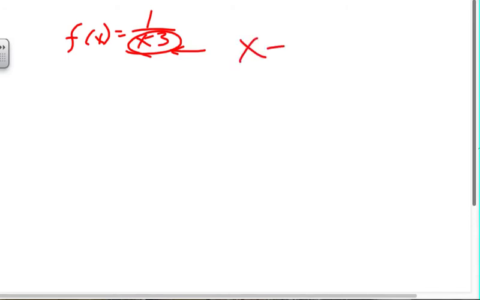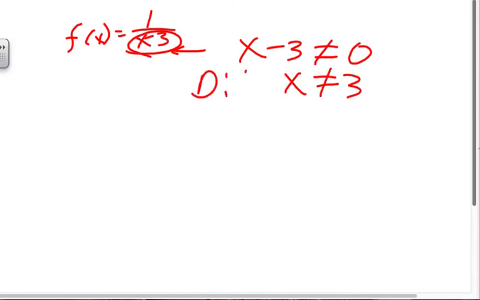So x minus 3 cannot equal 0. I solve for x, so x cannot equal 3. So my domain here is going to be all real numbers, except x cannot equal 3. We're excluding 3 out of our domain.